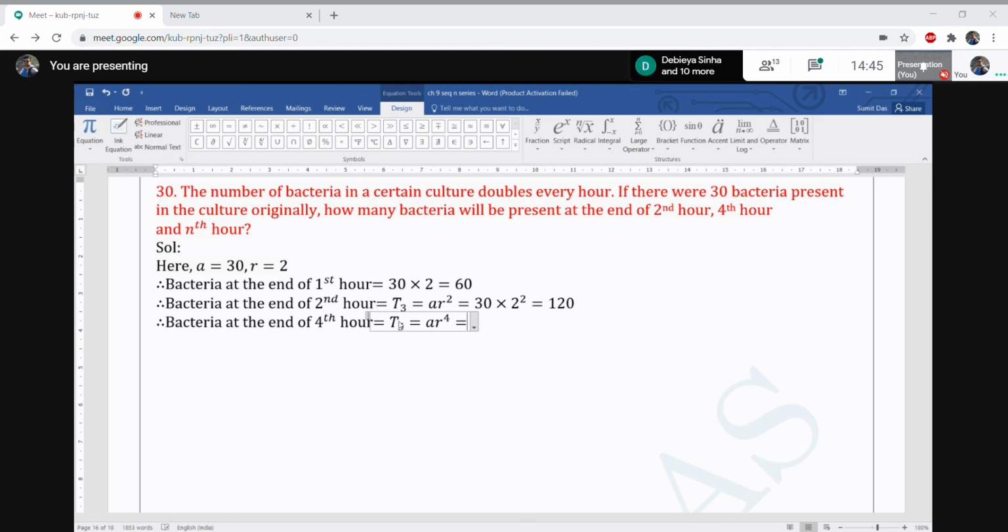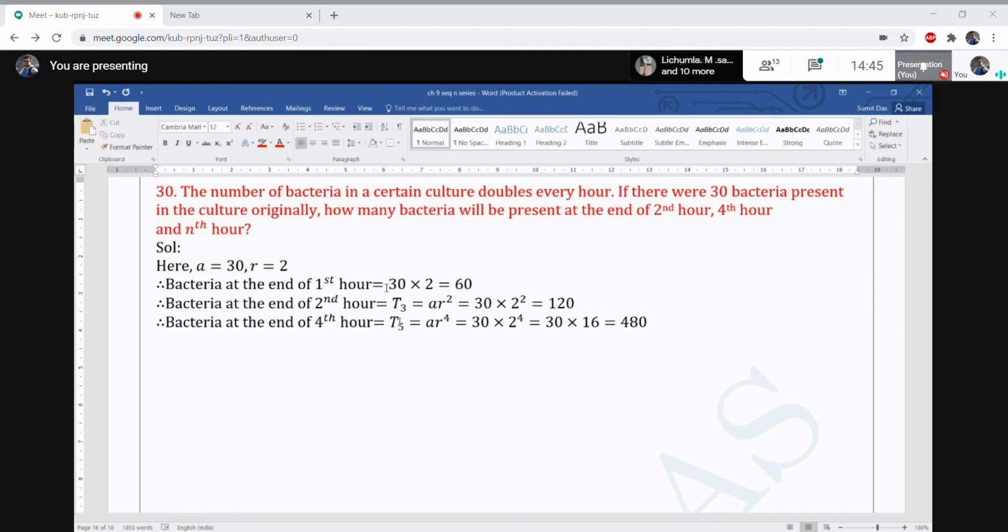If you put in the values, A is 30 and R is 2, so 2 to the power 4, which is equal to 30 into 16. 2 square is 4, then 8, yes, 16. 30 into 16 is equal to 480.